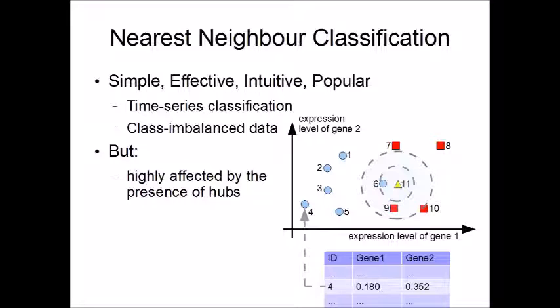We only assume that two subgroups are given, and the one subgroup of patients is denoted by these blue circles, and the second subgroup of patients is denoted by the red rectangles. And because we are measuring the expression levels of two different genes, our patients can be mapped into a two-dimensional vector space, that is, into a coordinate system.